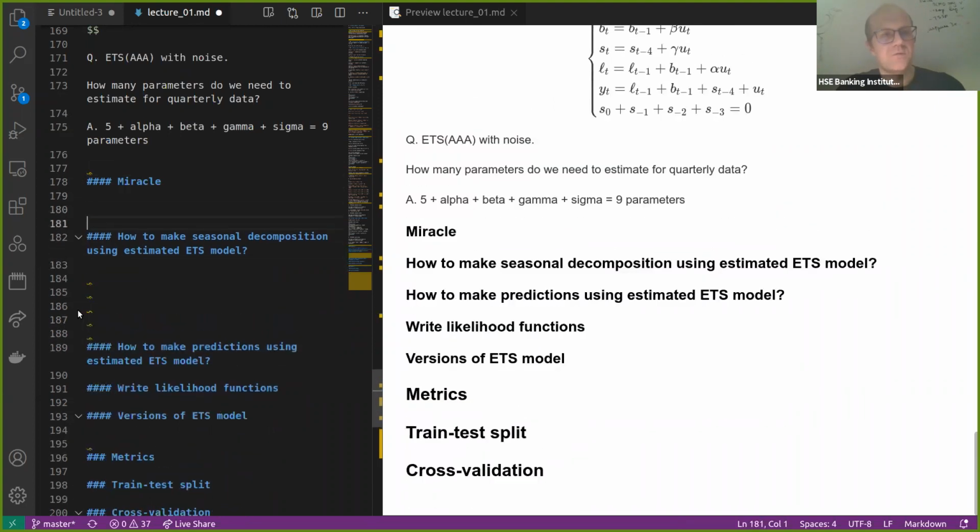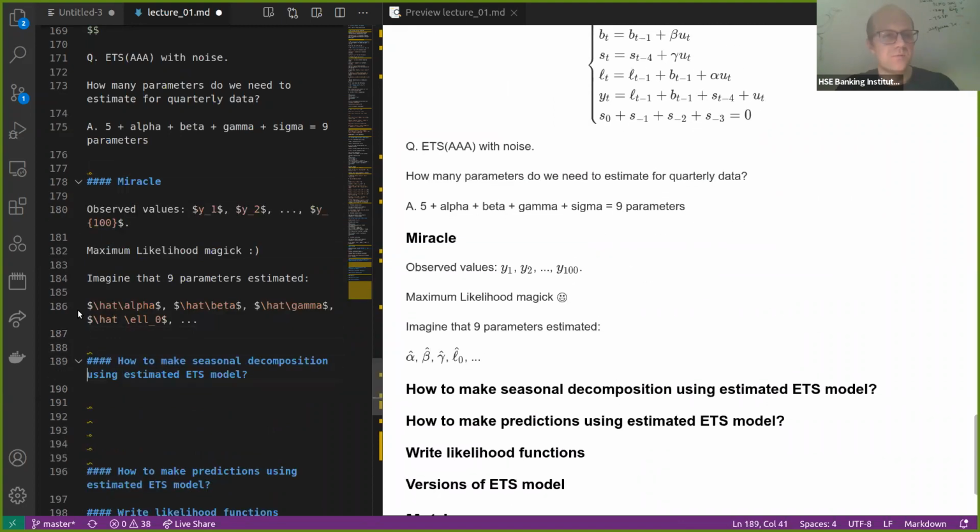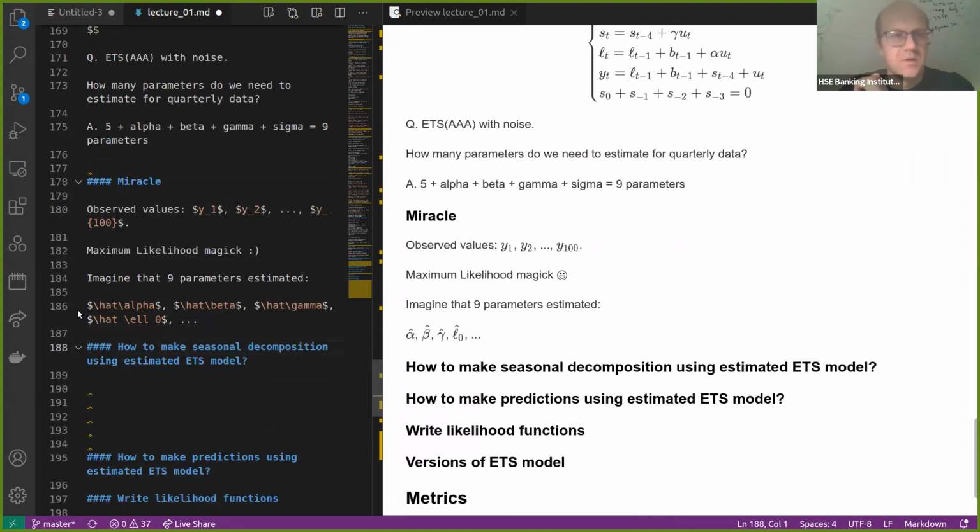I don't discuss it for the moment. Let's get used to the model and then we will discuss how it's calculated. First, we discuss how we make seasonal decomposition, how we make forecasts, and when we understand the model better, we can speak about technical details, how it is estimated.